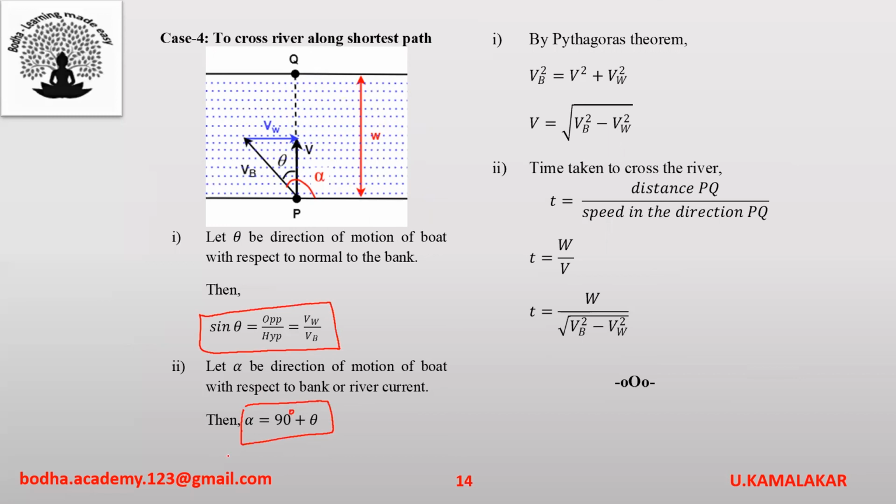Then alpha equals 90 degrees plus theta. By Pythagoras theorem, we get v equals square root of vb square minus vw square. Time taken to cross the river is given as t equals w by v, or t equals w by square root of vb square minus vw square.